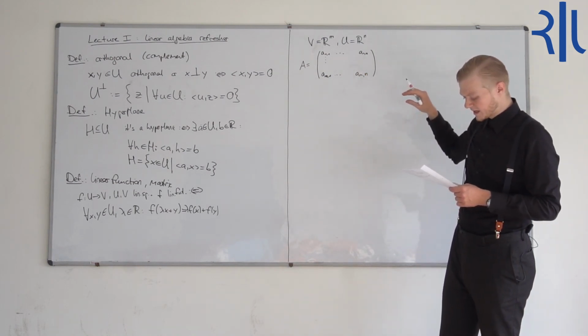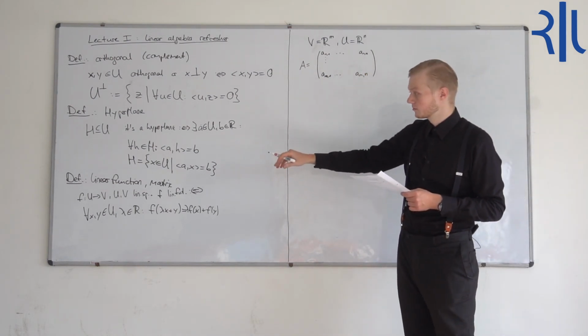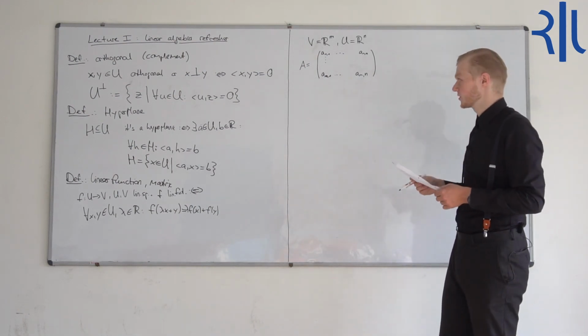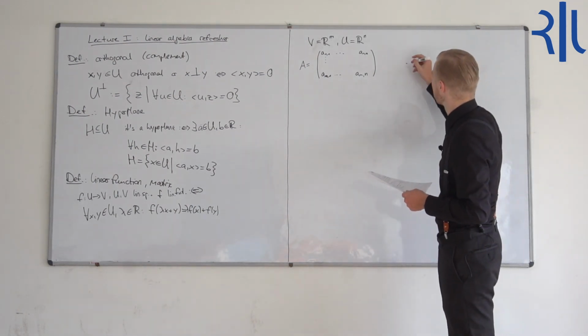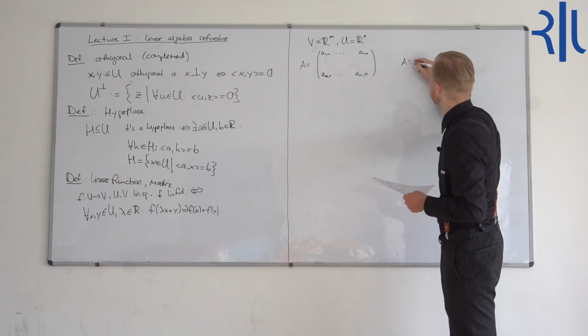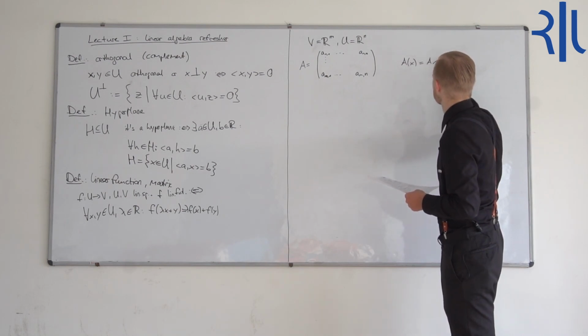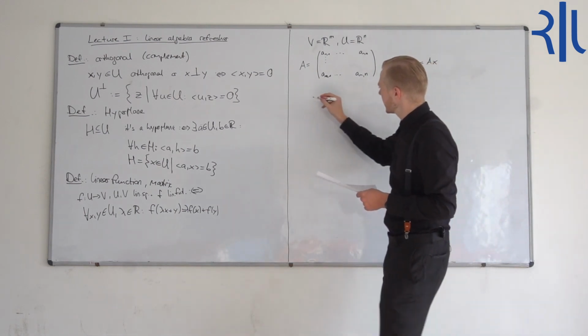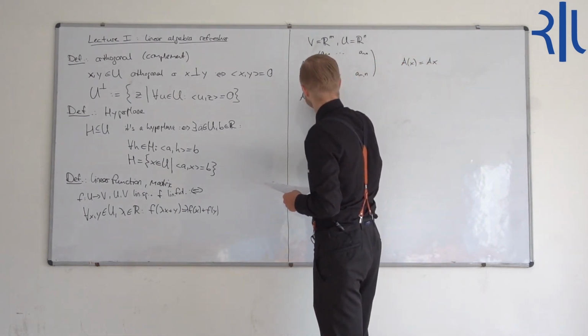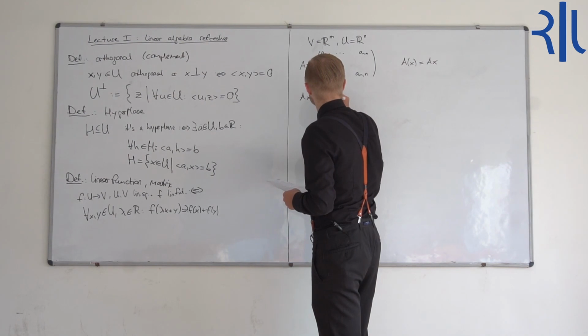Because it represents a linear function, you can just write the evaluation at x, like usually, as a matrix vector product, like that, and A times x can now be written in several different ways.